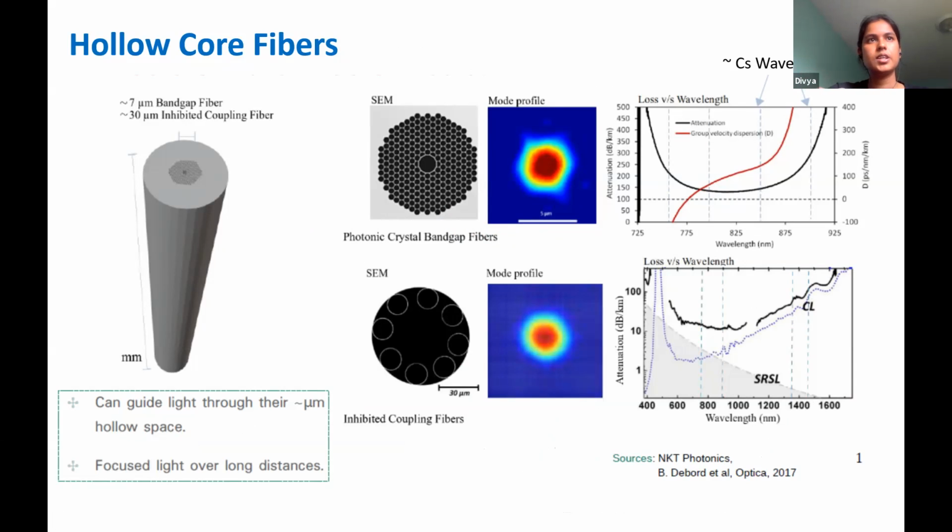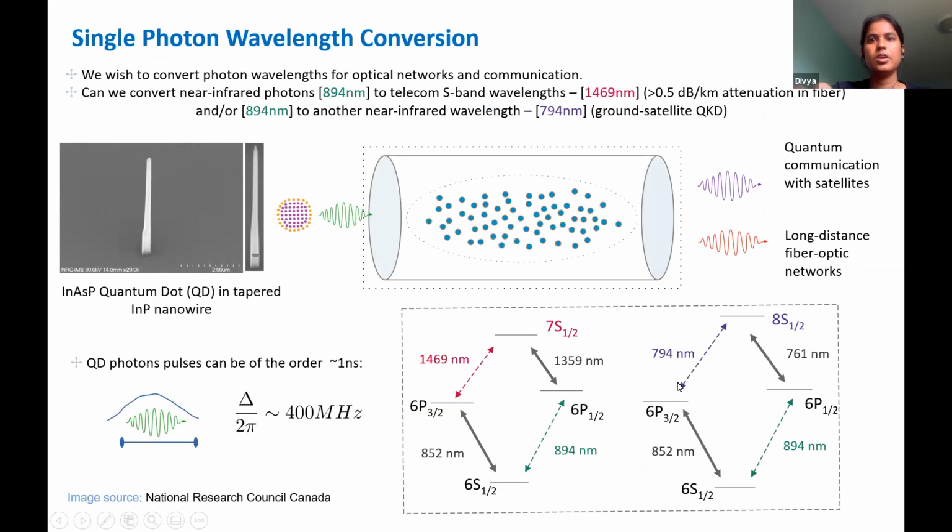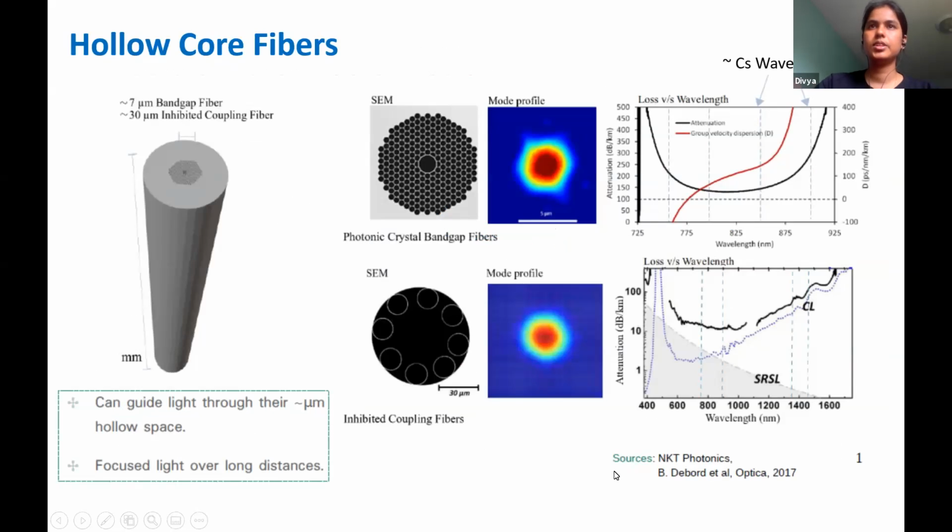So this 30 micrometer fiber can be used for converting this 894 wavelength to 1469. These are the two fibers, but most of my talk will be limited to the conversion of 894 to 794. This is our present goal to achieve in the 7 micrometer fiber. In future, we would like to do the 894 nanometer conversion to the 1469 telecom wavelength.